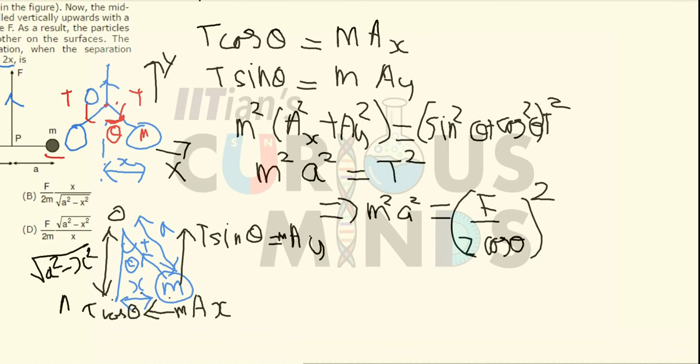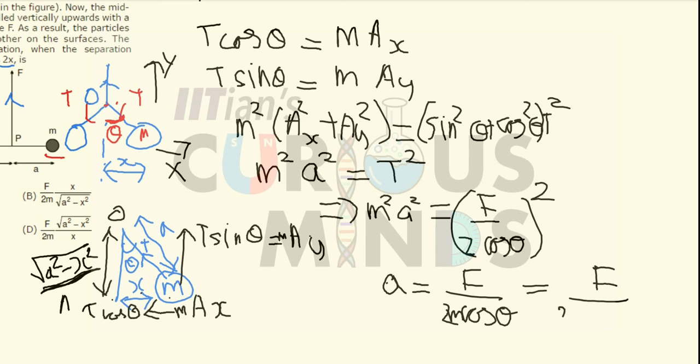So first of all, I will take the root of this part. So A will be equal to F divided by 2 cos theta into M, or 2M cos theta. If I write down the value of cos theta, it will be equal to adjacent upon hypotenuse. The adjacent is root of A square minus X square, and the hypotenuse is A, so A will go in the numerator.